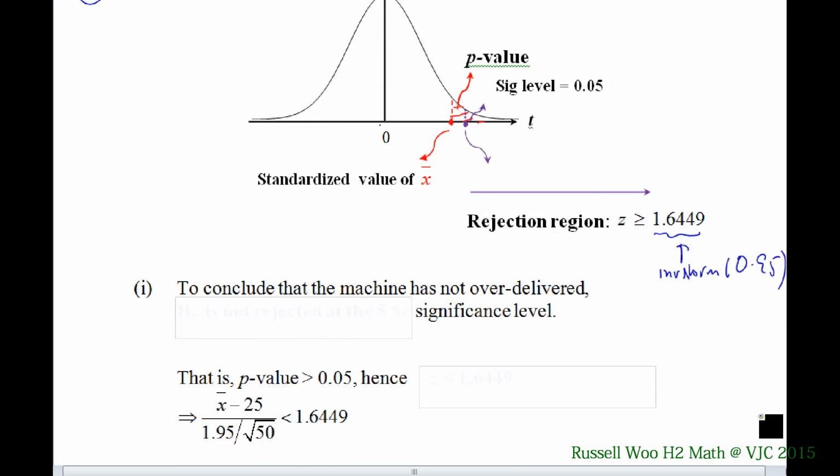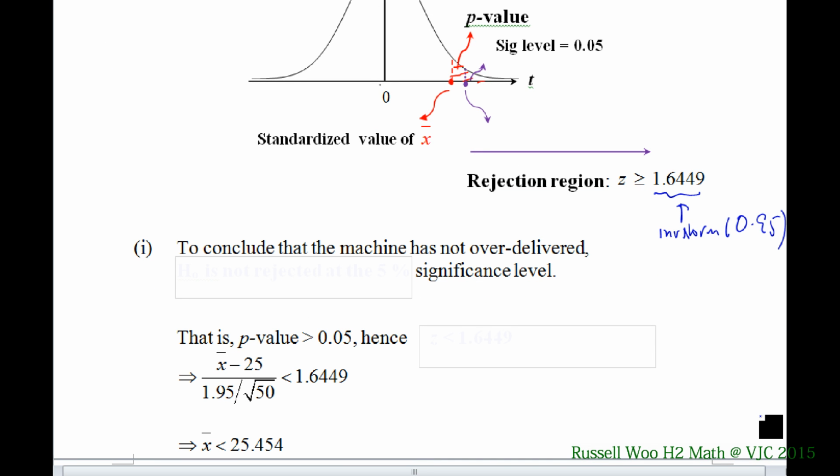So, to conclude that the machine has not over-delivered, you want H0 not to be rejected, because you don't want to conclude that it's over-delivered. Therefore, you want it to be here, which means you want it to fall outside the rejection region.